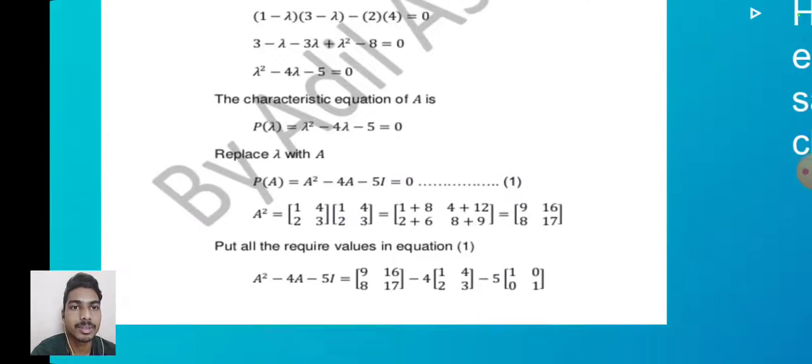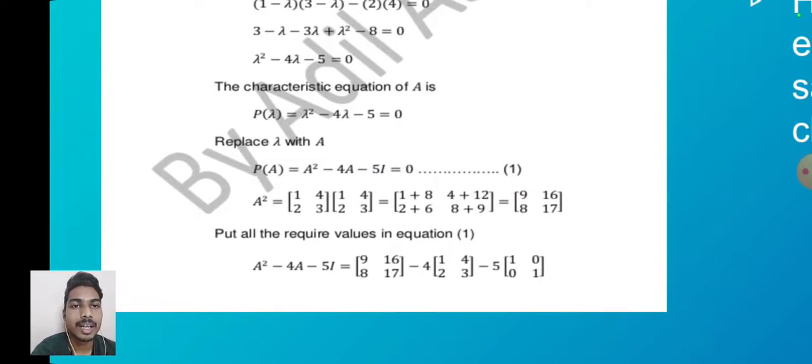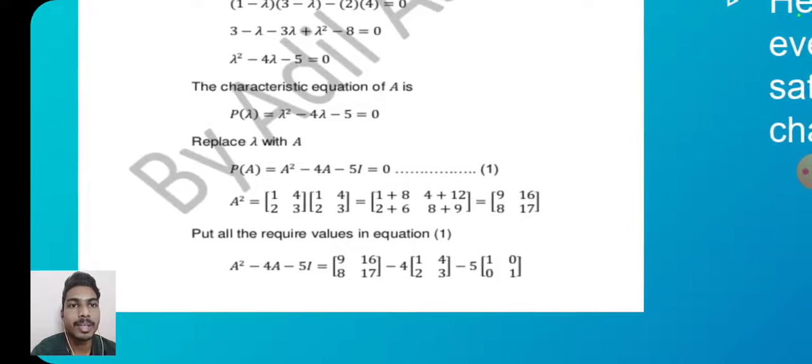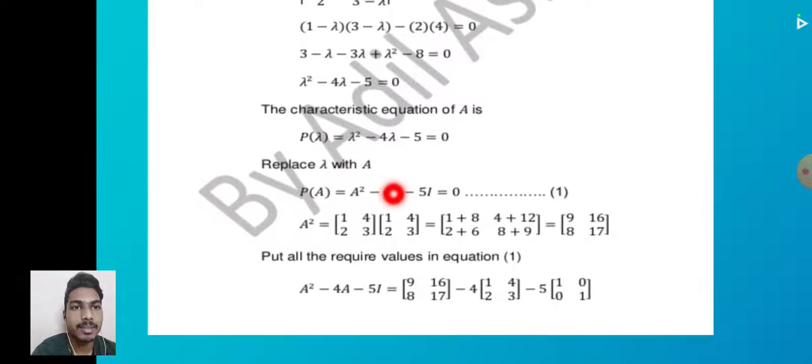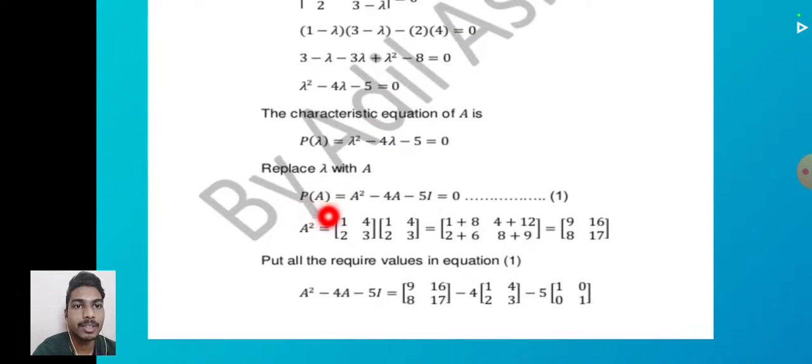For the Cayley-Hamilton theorem verification, we need to replace lambda with A, that is p(A) = A^2 - 4A - 5I = 0. This is the first equation. We need to see that at the constant place we need to add the identity matrix.